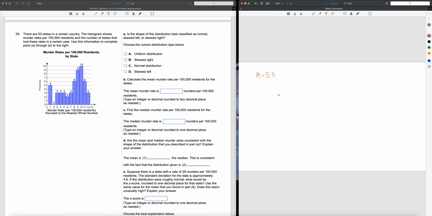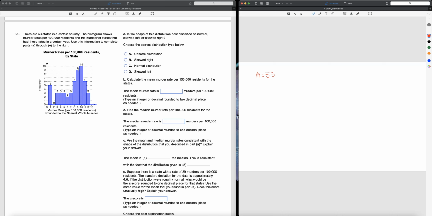Okay, now remember, the histogram is a graphical representation of your frequency distribution. So for each outcome it is telling you what the frequency of that outcome was. For instance, for 9, I mean a murder rate of 9 per 100,000 residents, the frequency was 9.